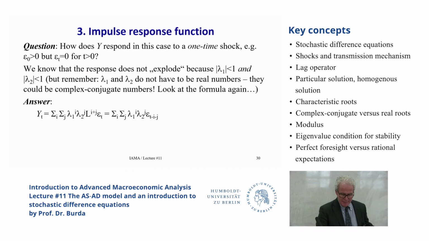Okay, so that basically tells us that if I shock this system in period 0, I'm going to get a reaction into the infinite future. It's going to be damped away or disappearing at some point, but it will always be there.